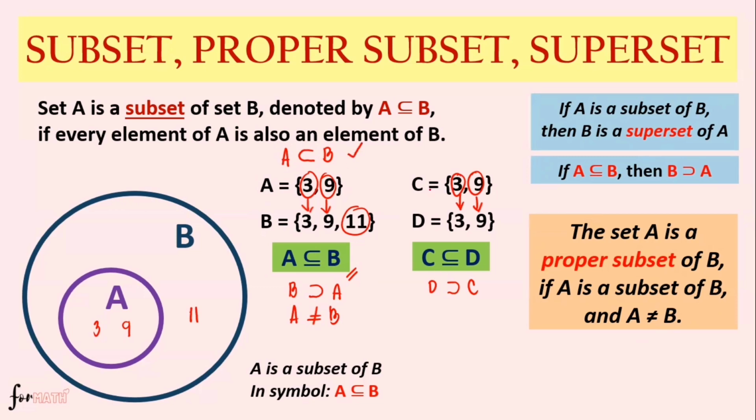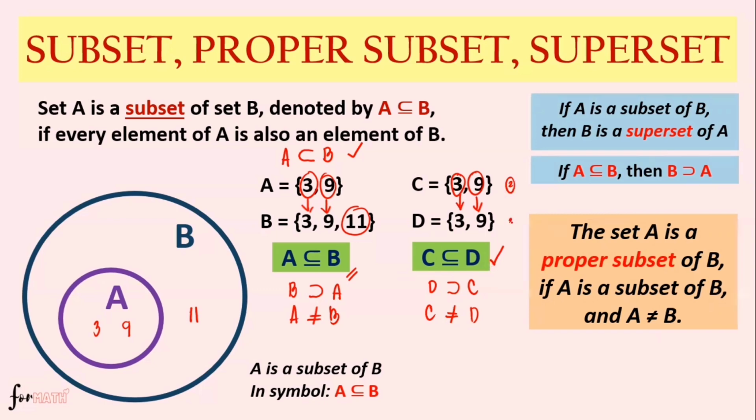Okay? Now, take a look at this example, set C and D. Tingnan natin kung magsasatisfy sa ating definition. If C is the subset of D, yes, subset. Pero tingnan natin kung yung C natin ay not equal ba kay D. Kung titingnan natin yung cardinality natin dito sa C, di ba, this is 2.